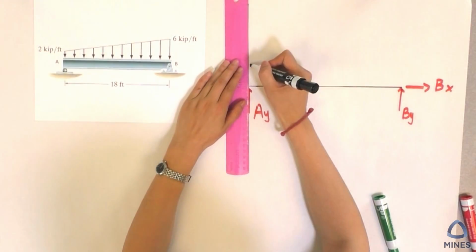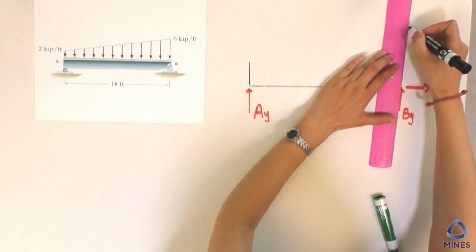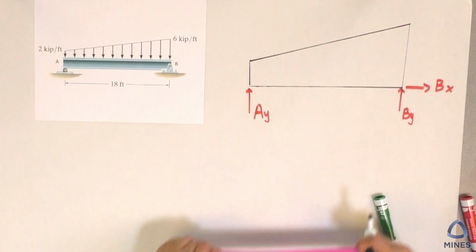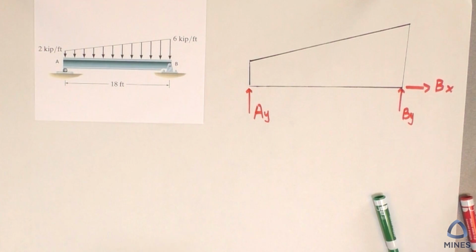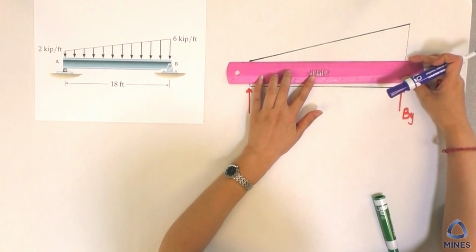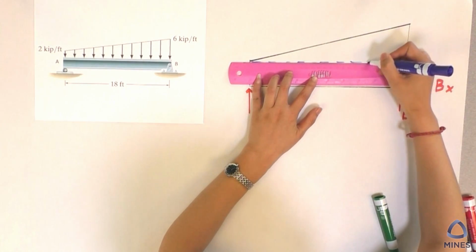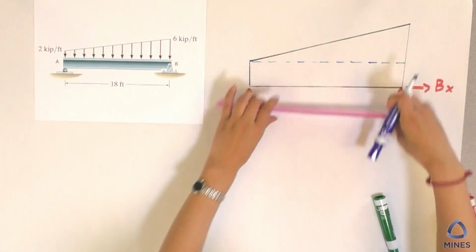So now what we have to do is try to simplify the trapezoid load. How we are going to simplify the trapezoid load is trying to divide it into shapes that we are familiar with. So we can divide it into a rectangle and a triangle.